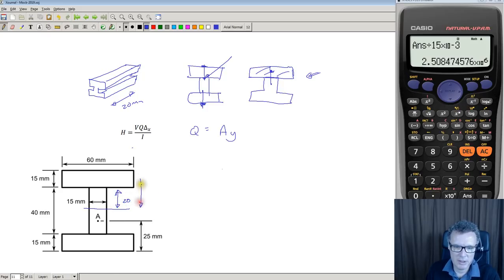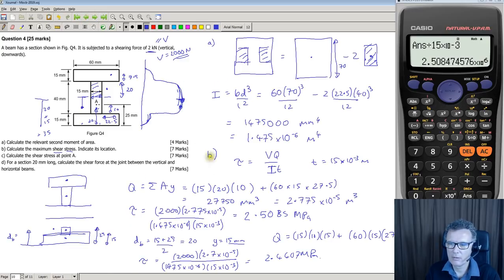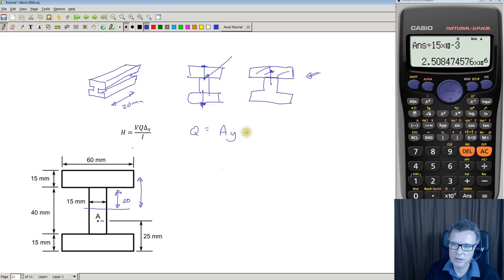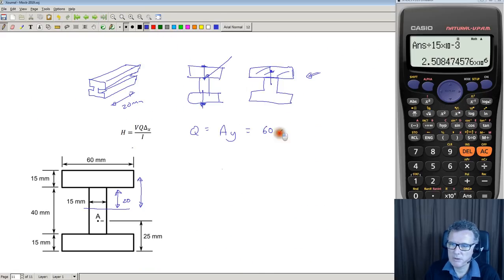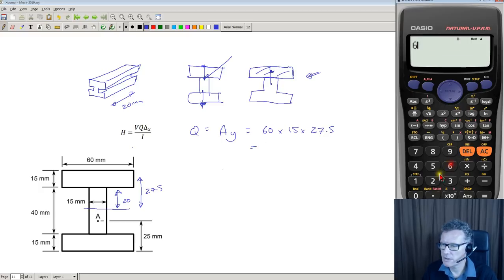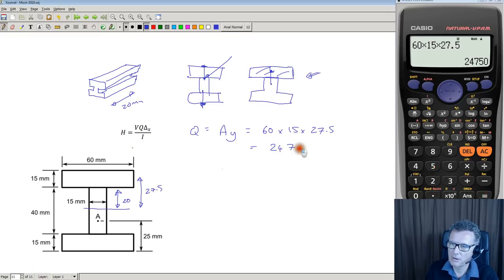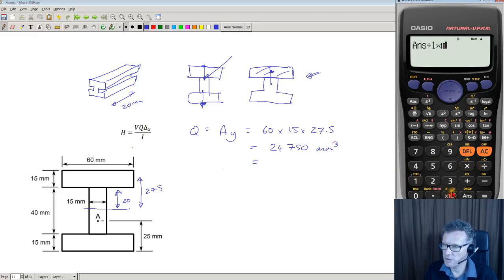So to get from here to here, we're just doing this calculation here. So Q is 60 times 15 times 27.5. 60 times 15 times 27.5, that's all in millimeters to the power 3, divided by 1 times 10 to the 9 to make it into meters.